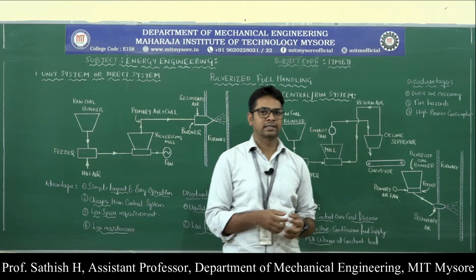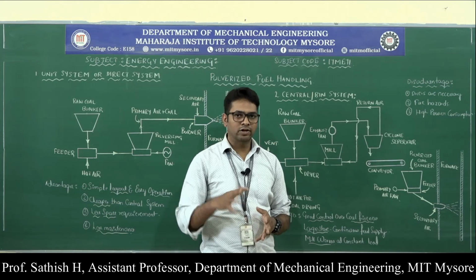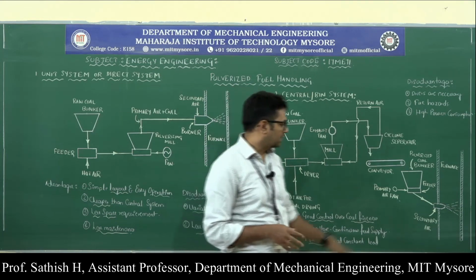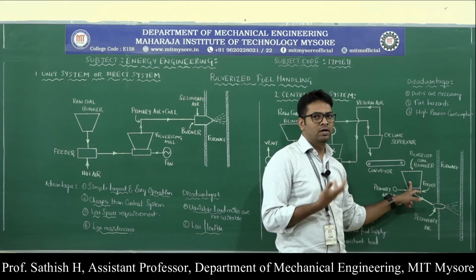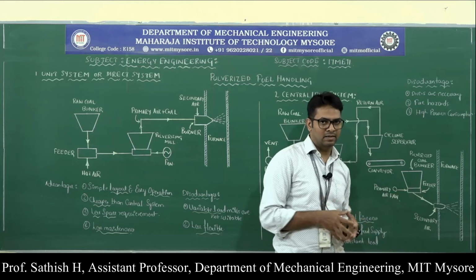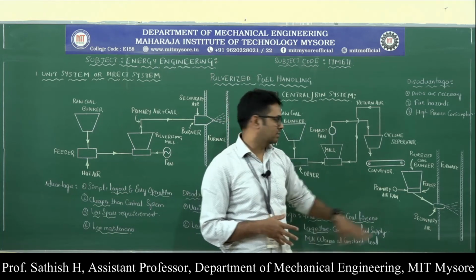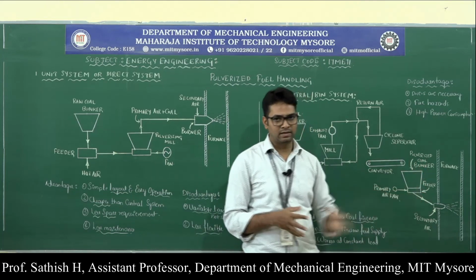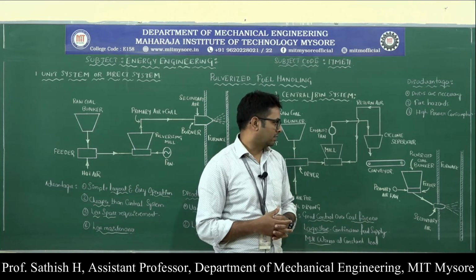Those fluctuations in the load, or fluctuations in the feeding, can be taken care of because we are storing a certain amount of fuel, or pulverized coal, inside this bunker. So any fluctuations in the output can be adjusted, since we have this backup in the form of a storage bunker.